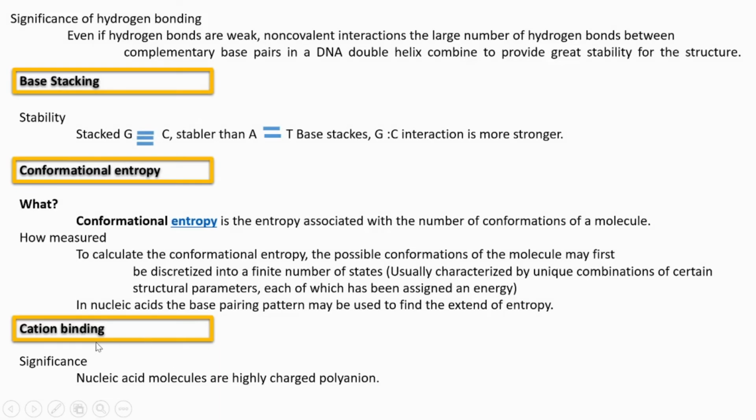Okay. Next point, cation binding. What is cation binding? Cation means a positively charged ion. Anion is a negatively charged ion. What is the significance of this type of binding? We know that nucleic acid molecules are highly charged polyanions.